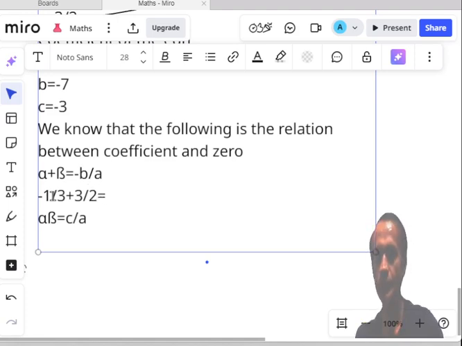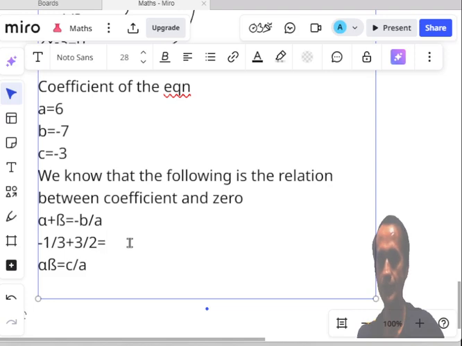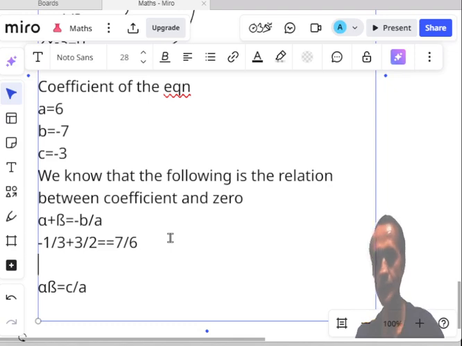This should be equal to minus b by a, that is 7 by 6.